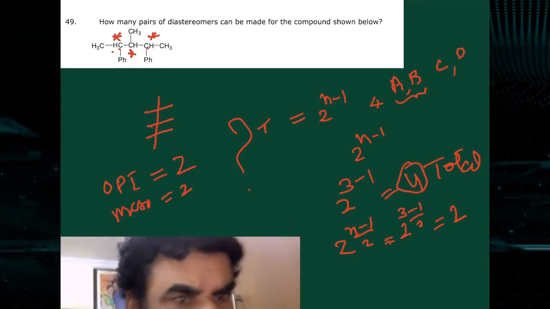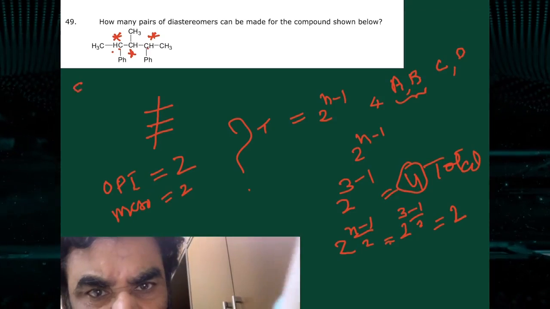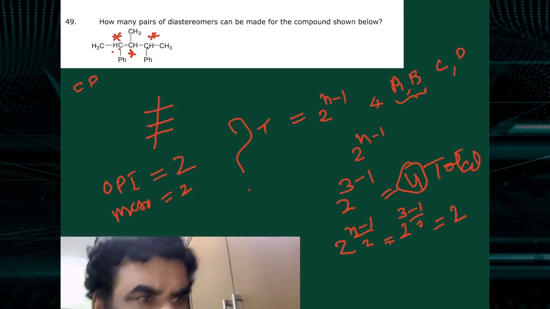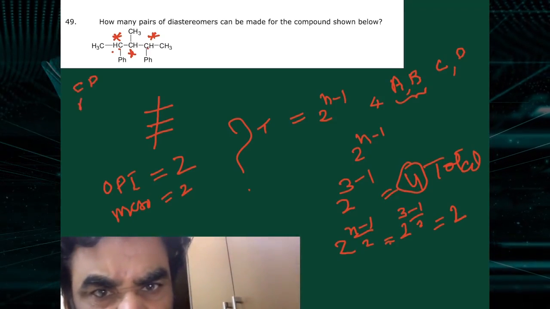Now see how many pairs. From this, CD is 1 pair, stereoisomers which are not enantiomers.